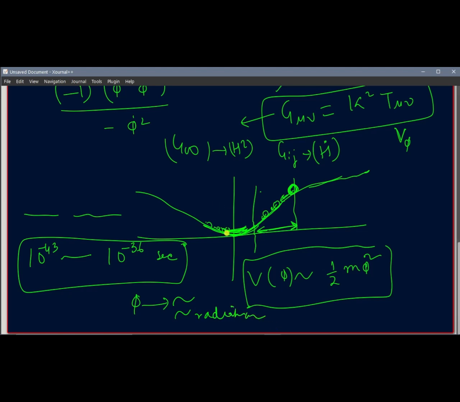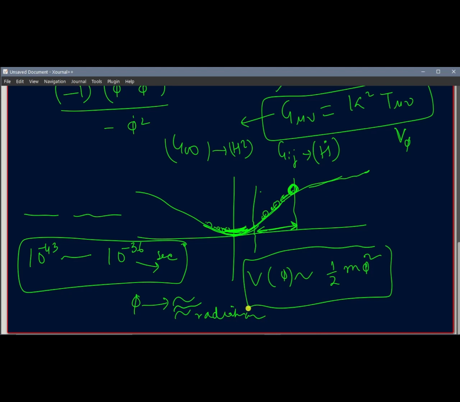This is called the period of reheating, when the universe starts to have many particles and so on. After inflation came the existence of quarks, plasma, gluons, and so on. So after 10 to the minus 36 seconds, the universe entered the radiation phase.